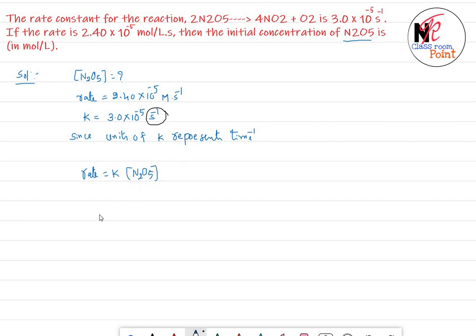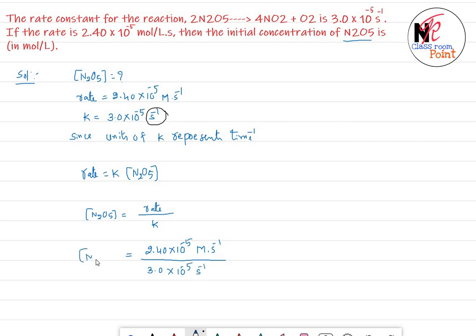Our duty is to calculate the concentration of N2O5. So now concentration of N2O5 equals rate divided by K value. The rate value is already given over here, that is 2.40 into 10 power minus 5 molarity per second. And similarly, the K value is given here, that is 3.0 into 10 power minus 5 per second.